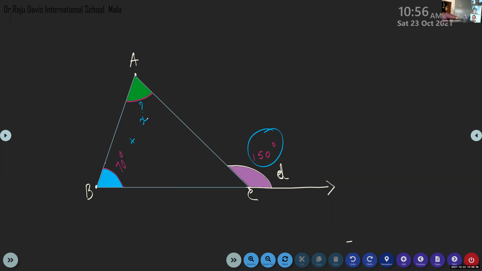We can take it as angle A itself, children, so you will not be confused. 70 plus angle A is equal to what? D, that is 150 degrees. So what is angle A? 150 minus 70, isn't it? So it is 80 degrees. So here we get 80 degrees as the answer.